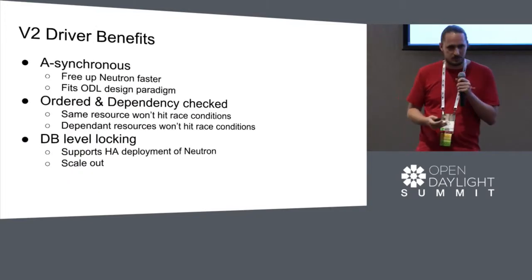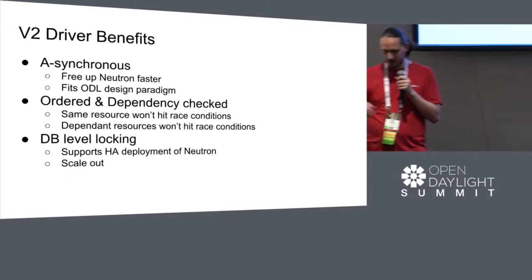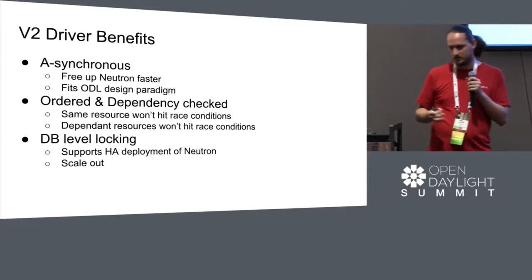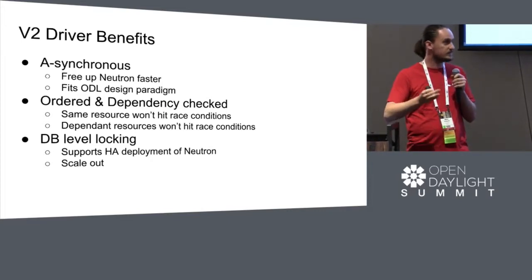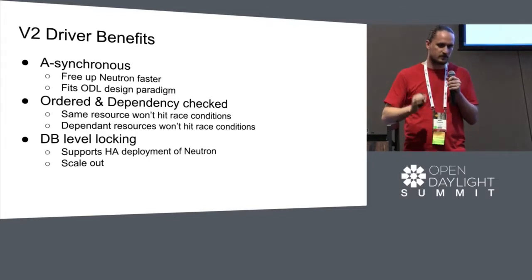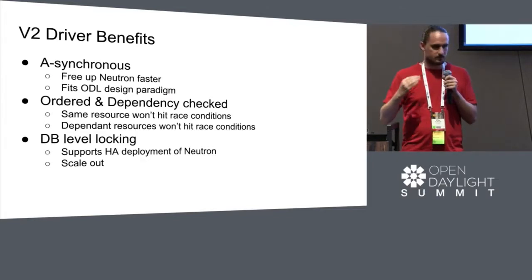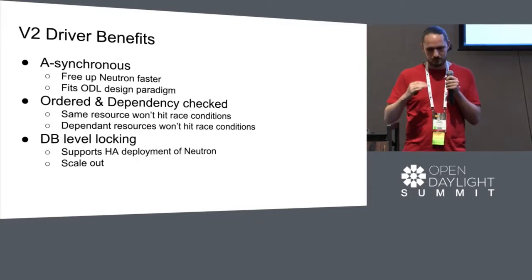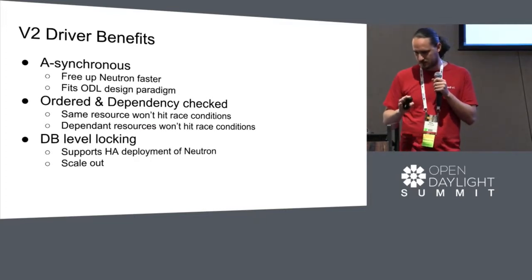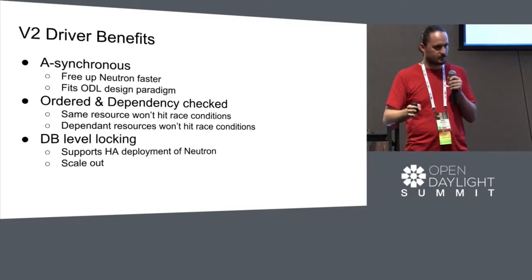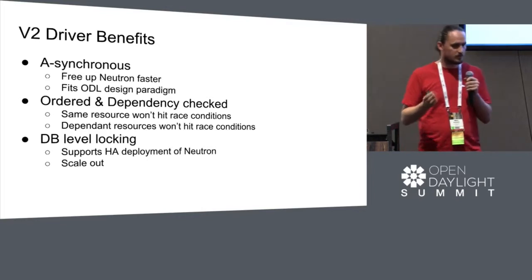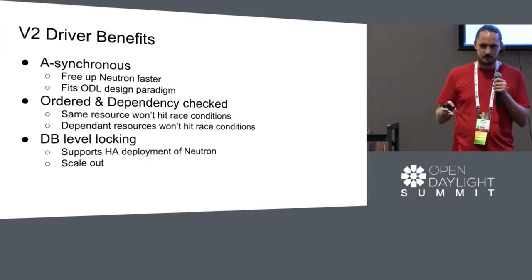So basically what we get is asynchronicity. Neutron reacts faster because everything just gets written into the journal, and the journal thread takes care of it later. And it fits the ODL design paradigm because OpenDaylight itself is very asynchronous.